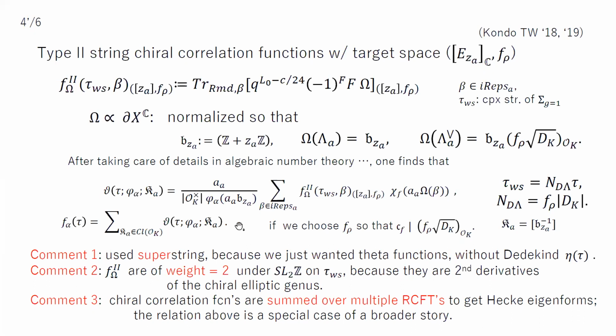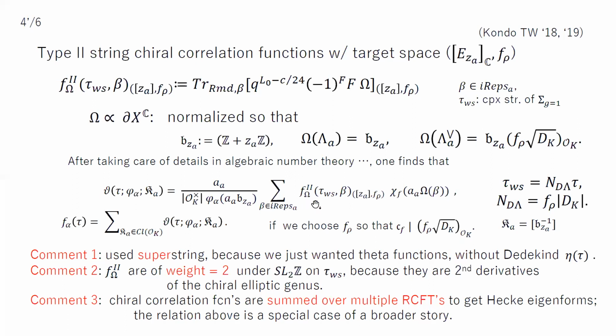So what is summed over here, this theta with A is from one string theory, but the theta with a different A is from a different string theory, different target space. We need to take a sum over them to get the Hecke eigenforms and the Hecke theta functions.